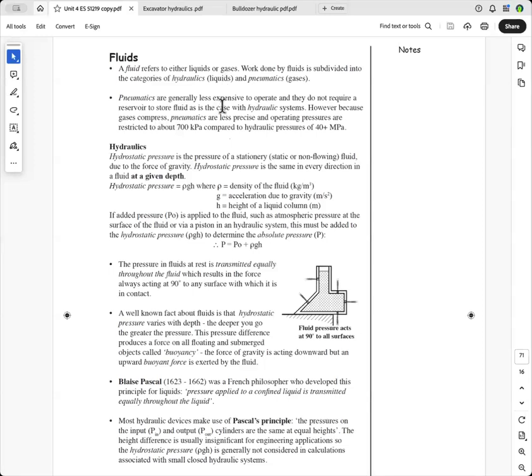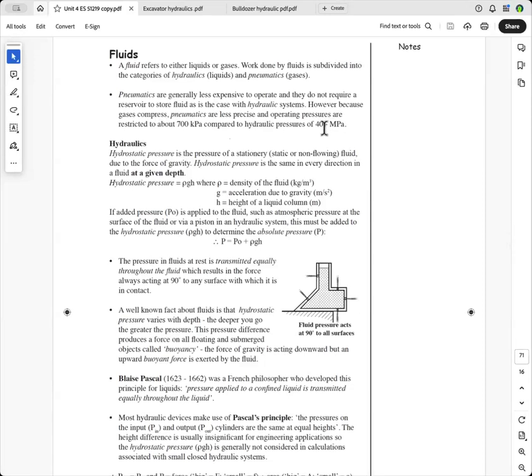So pneumatics generally keep around 700 kilopascals pressure, and they're mainly used for hand tools with a compressor offering the pressure in the pneumatic line. Whereas hydraulics can work up to 40 plus megapascals, because, as I said, the liquid won't appreciably compress.